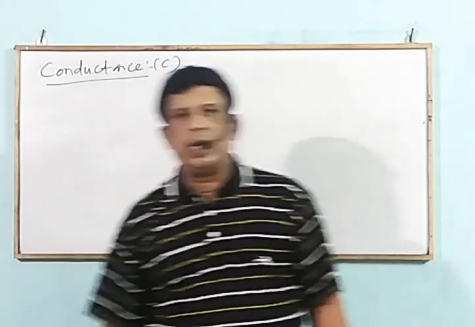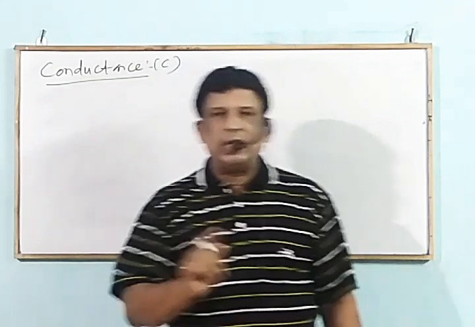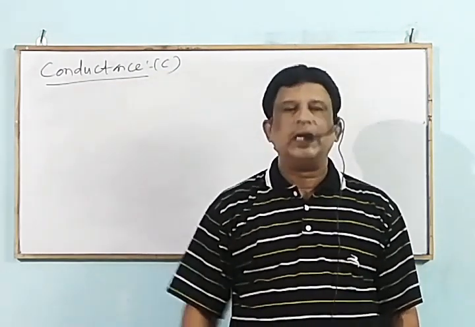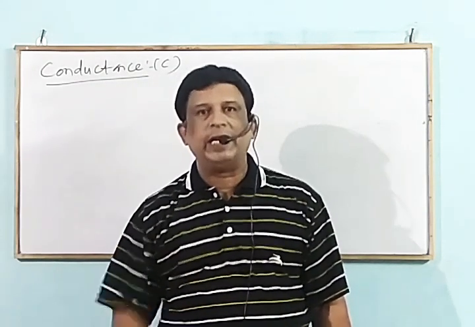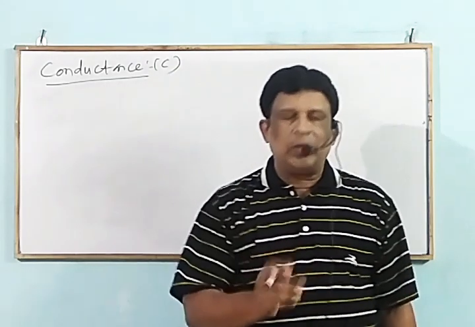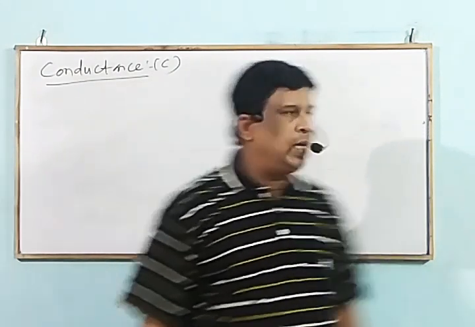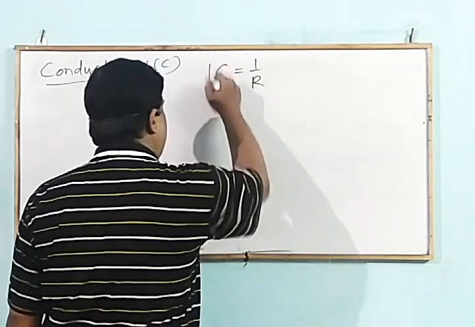It is a special property of a conductor as a result of which it allows the passage of electricity through it easily. Normally, conductance is a reciprocal of resistance. Mathematically, mark that, C is equal to 1 by R.